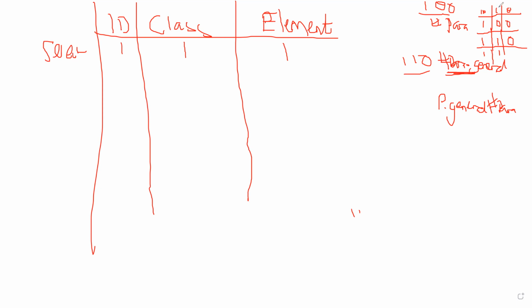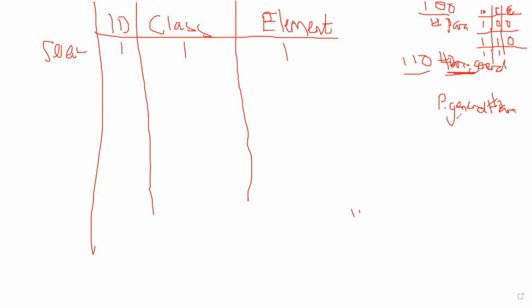This is C, and this is E. Don't mind my writing, please. Now for this other one, ID is present 1, class is present 1, but element is not present 0. That is why this is 110.